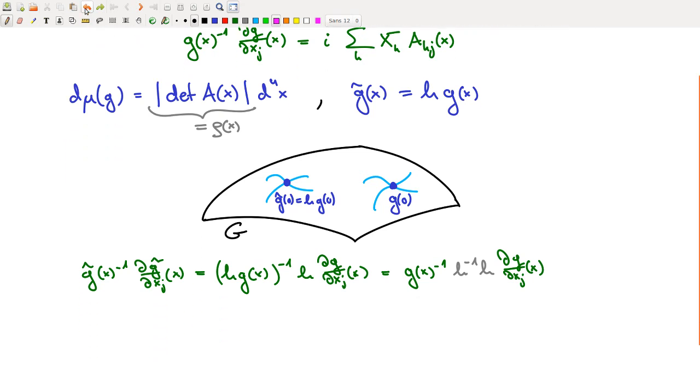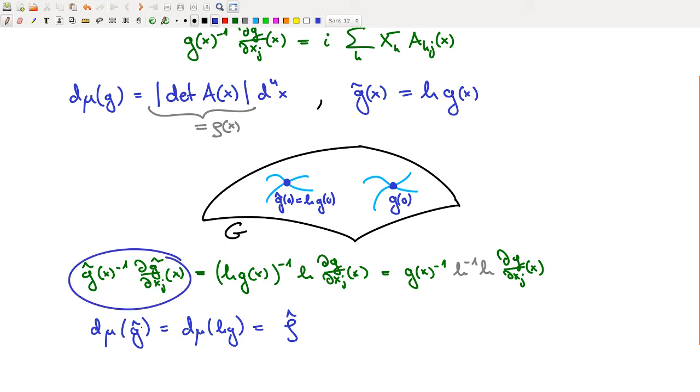So this means that d mu of g tilde, so that's d mu of hg, that's now the rho, let's say rho tilde, determined using this calculation here. So now we expand this in this basis of the Lie algebra. So we get a rho tilde of x dnx.